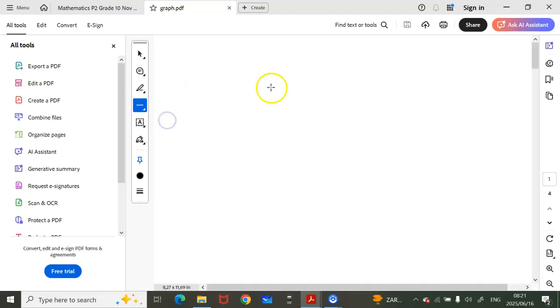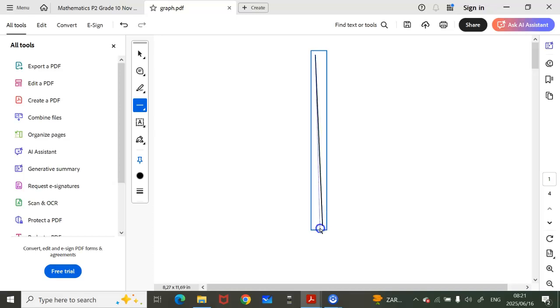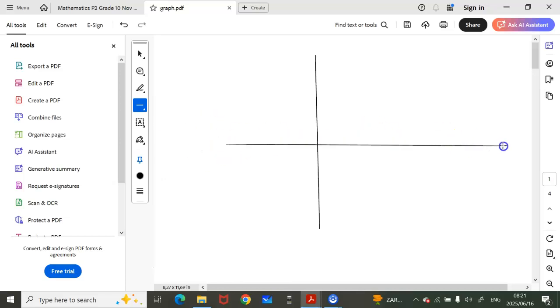Let me draw my Cartesian plane here. This is my Cartesian plane, and remember they said from 0 to 360. So we've got our 0 here, let's have our 90 here, our 180 degrees, our 270, and then our 360.